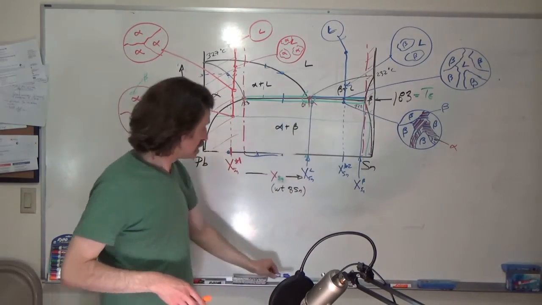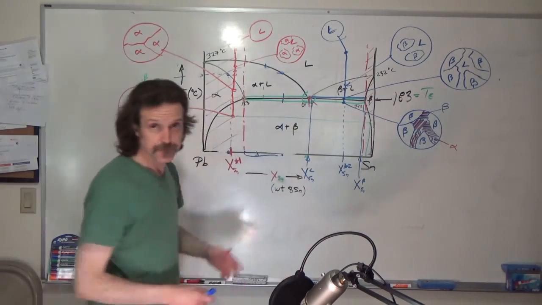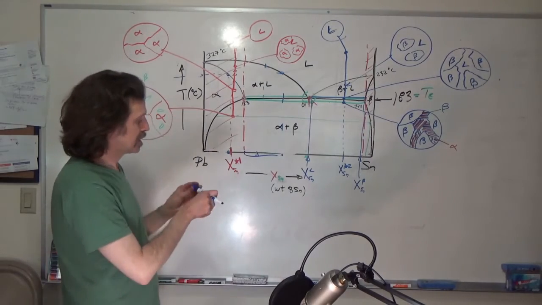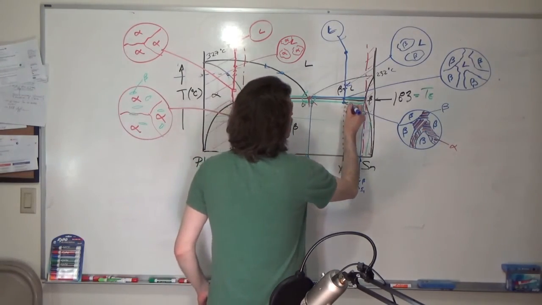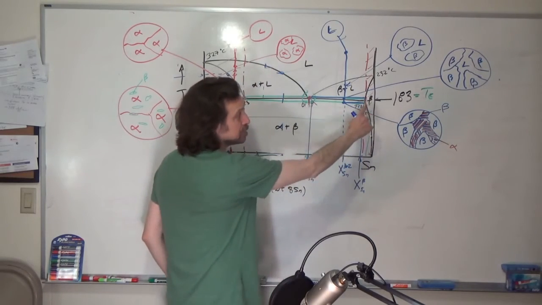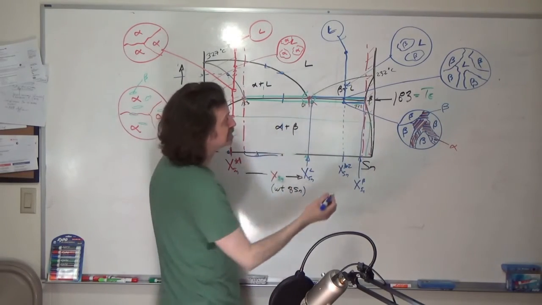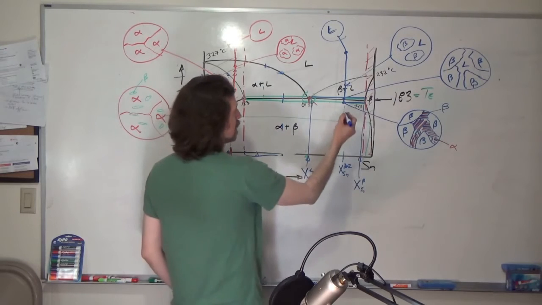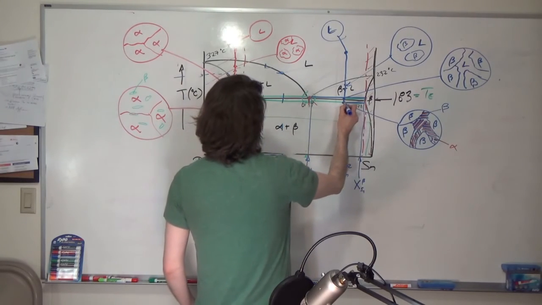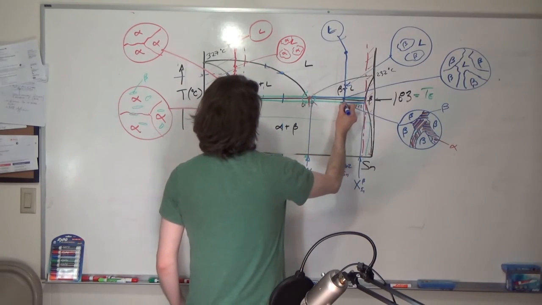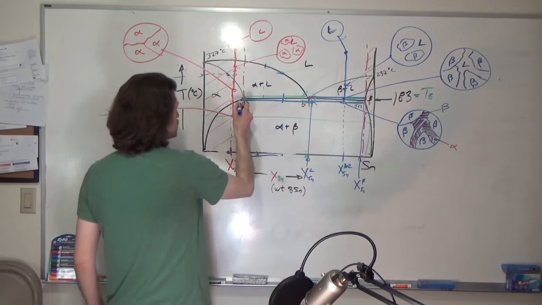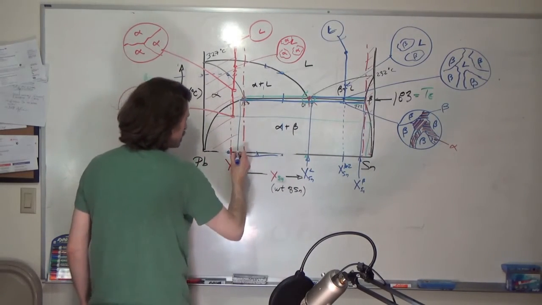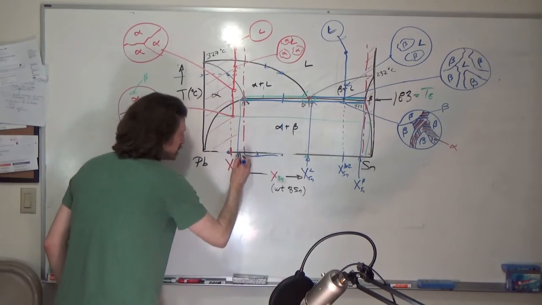We can read what the composition is by drawing our tie line. Turns out the beta phase didn't change composition much, right? Because it's basically the same. But our liquid is now gone, and we've just formed an alpha phase, which has this composition.